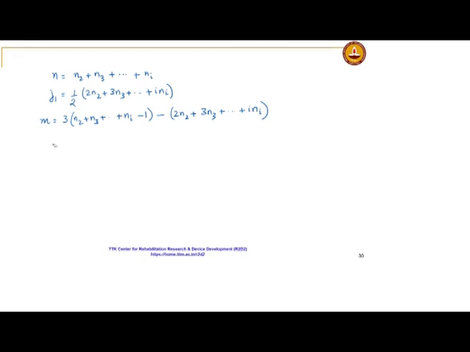Now, for a mechanism to have mobility 1, which is the most practical application, where you have one input and you want a predictable output, I can write the original mobility equation as 1 = 3(n - 1) - 2j1.